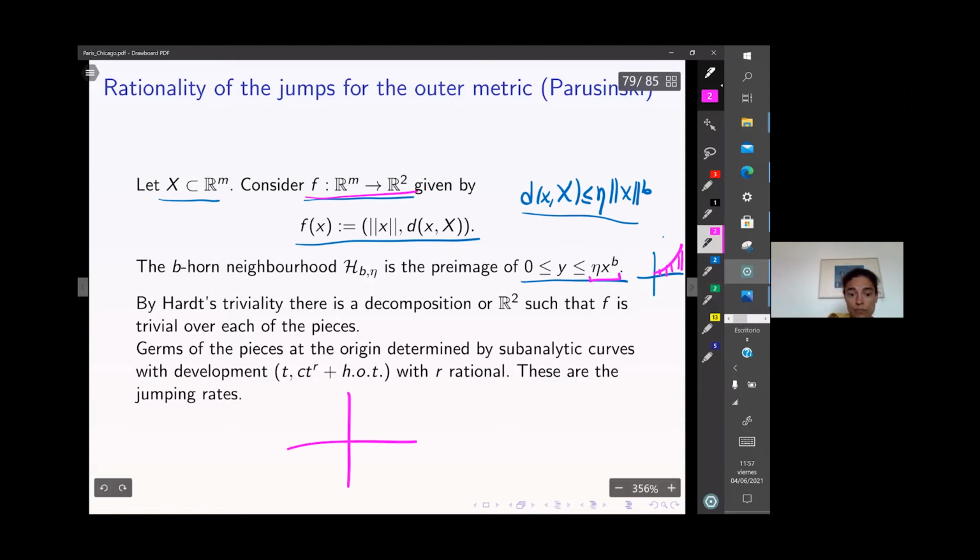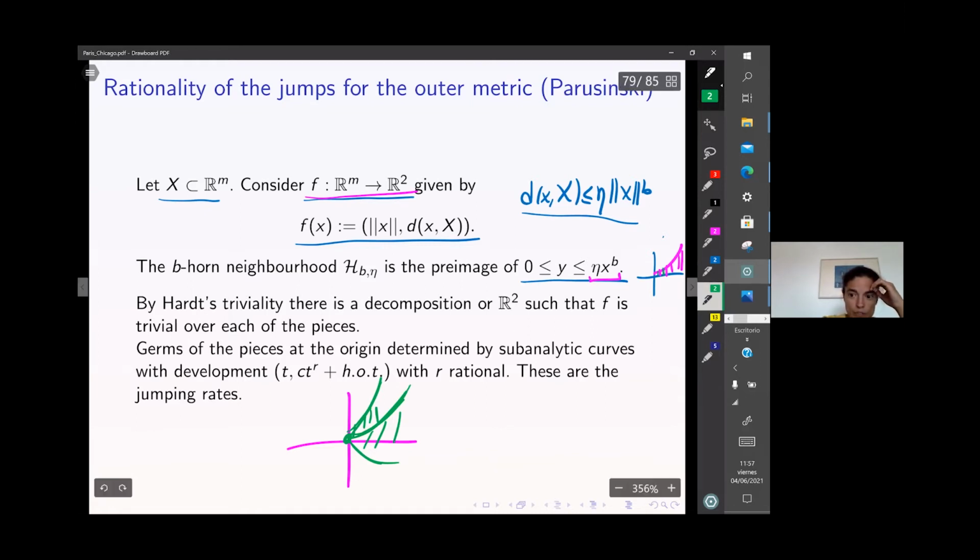So you have some decomposition of R2 that near the origin has to be of this type. There have to be some curves that separate the strata.